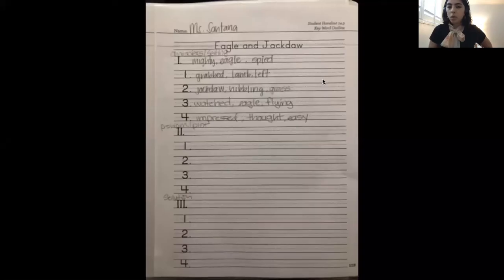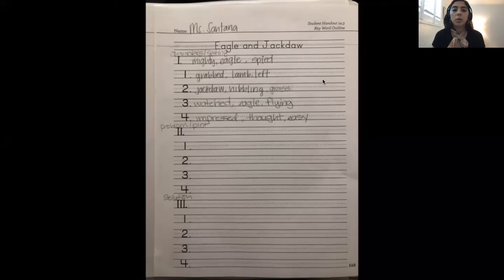Now our job is going to be to write 3 words for every sentence that's going to help us remember the characters and who's in the story and where it takes place.